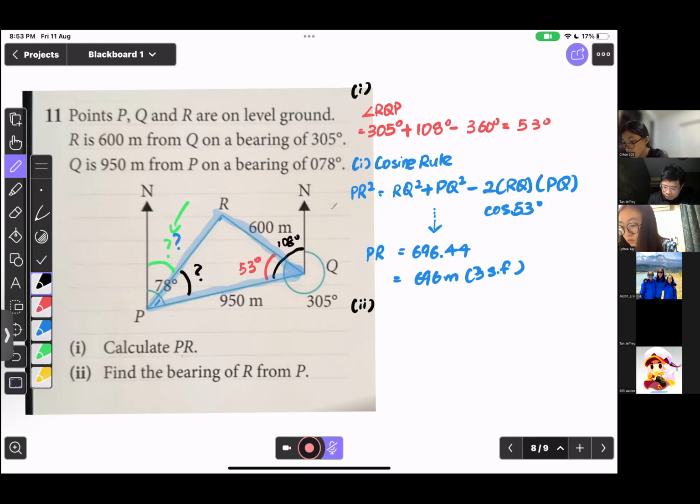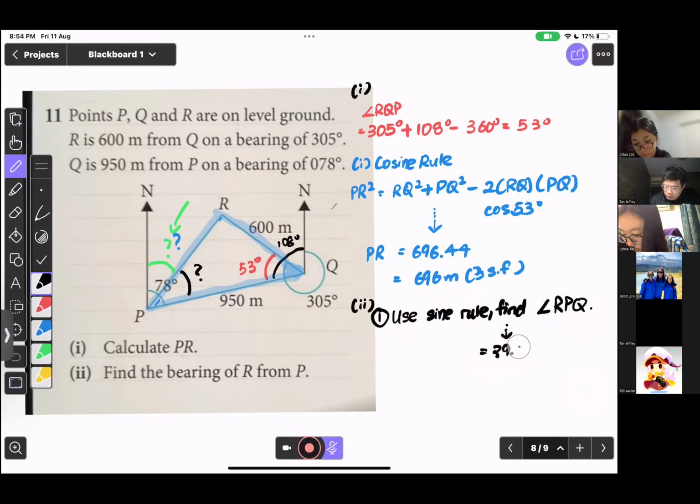First step, use sine rule. Find angle RPQ. Then you will find that RPQ is about 39.056.